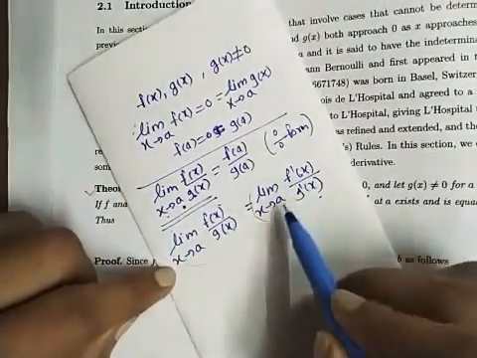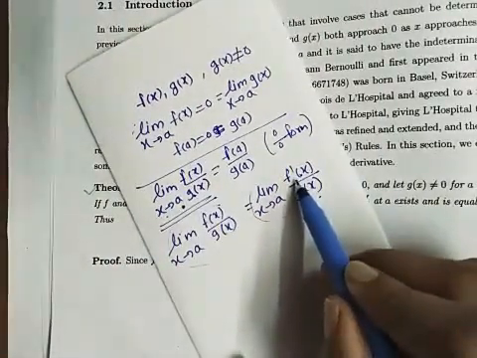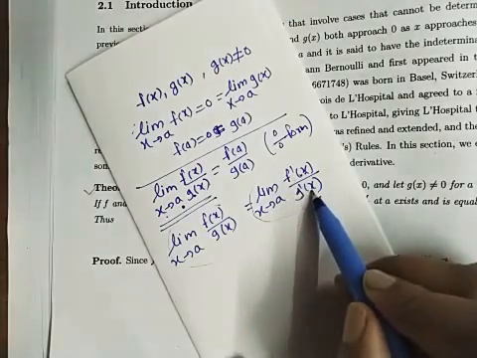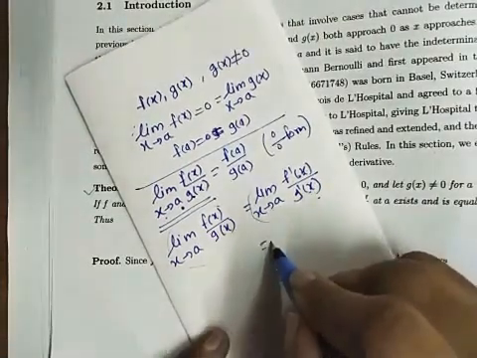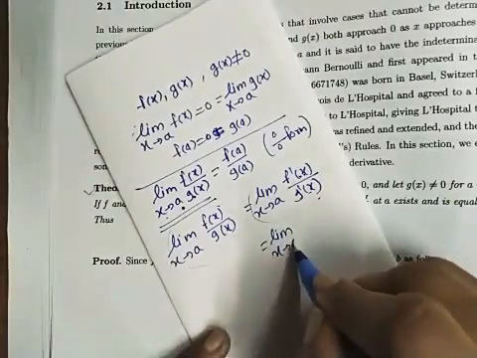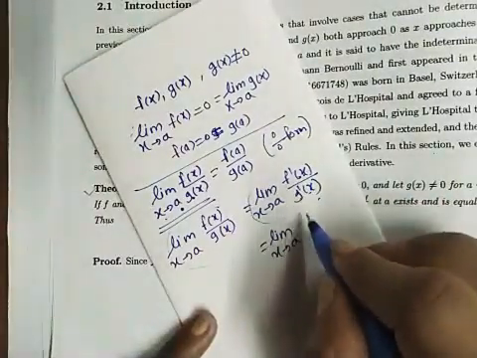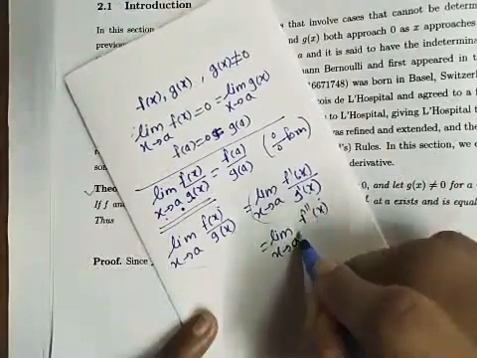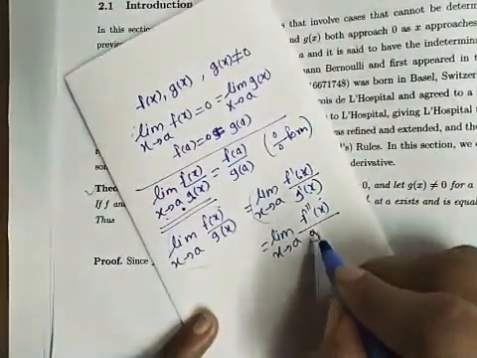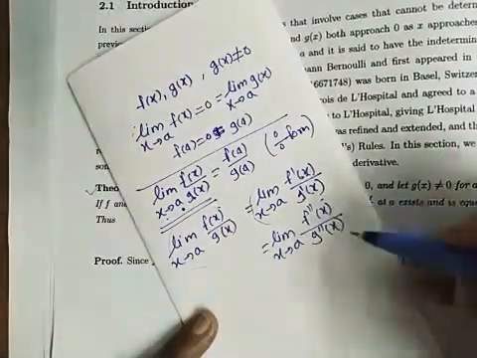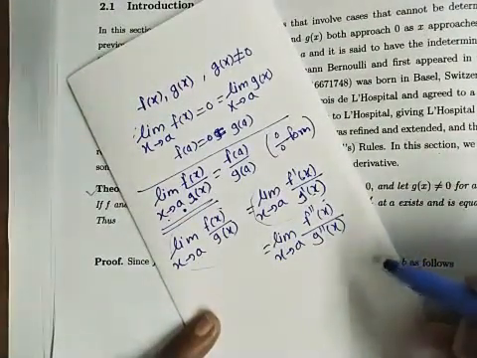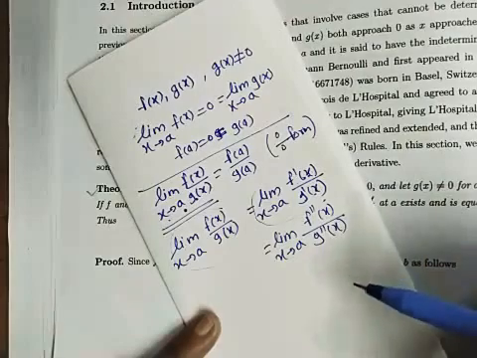Suppose after applying the limit we get f'(a) is 0 and g'(a) is 0. If it is again 0 upon 0 form, then next we again take the derivative of f'(x), that is f''(x), and the derivative of g'(x), that is g''(x), and so on. We continue up to the step where we get the finite limit.